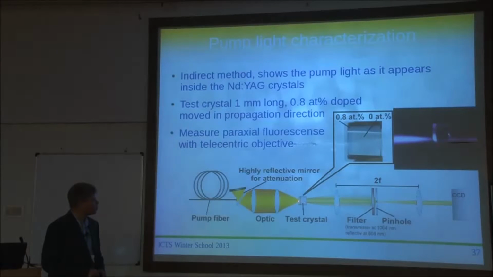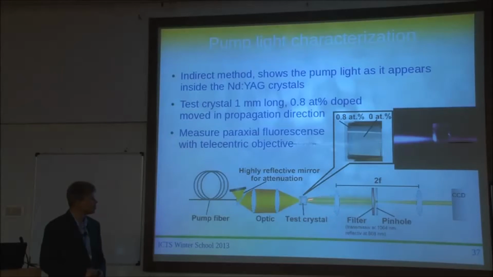But what we want to do is only look at fluorescence rays which are coming paraxial out of this thing. So we built this telecentric telescope here. And what that does is, with this pinhole in the middle here, it selects the beams which are just parallel to the surface of the optical table or whatever is around here.